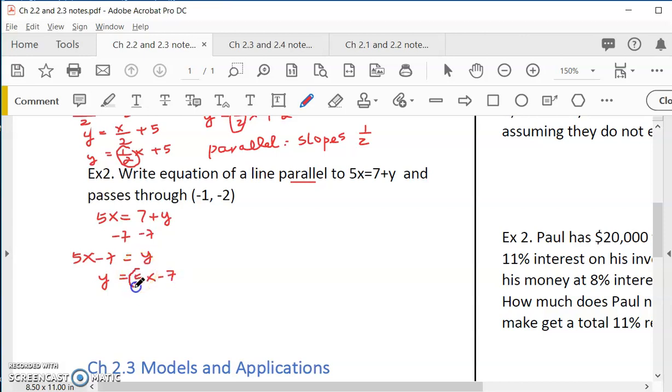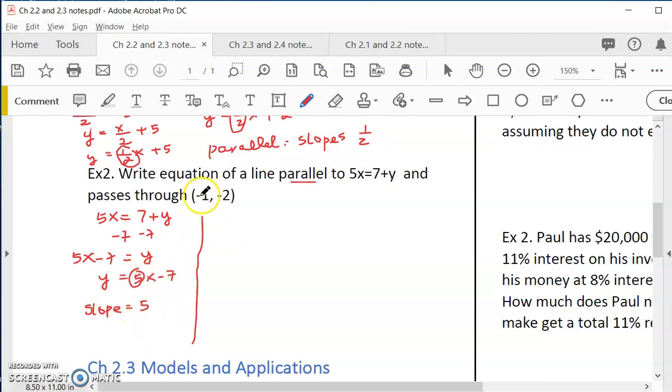You see that this is the slope, right? So that means the slope is equal to 5. Remember, it has to be y equal to a coefficient of x plus or minus a number. You cannot just look at them and say, oh, this is the slope, although coincidentally it is. It has to be in y equal to mx plus b.